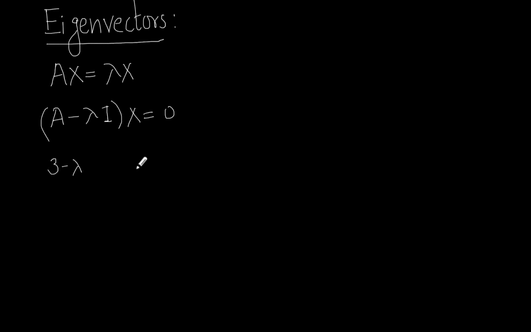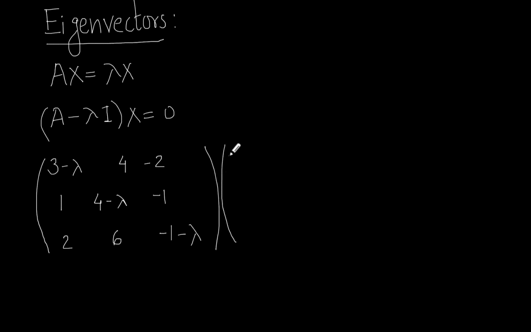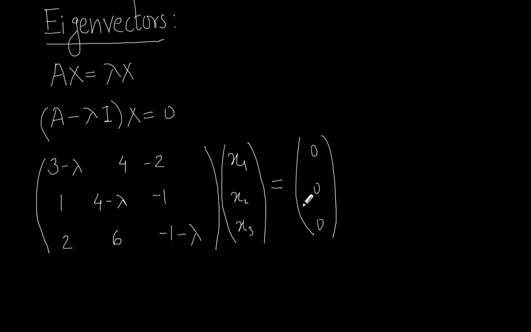So A minus lambda I will be given by this matrix. So this is the corresponding eigenvector.